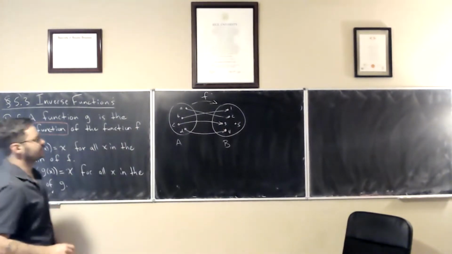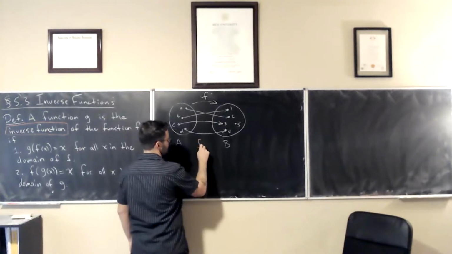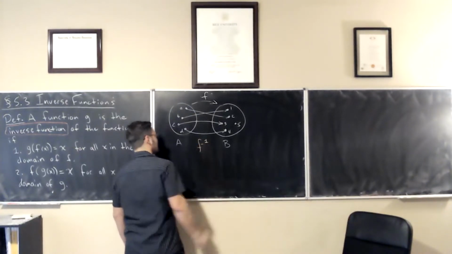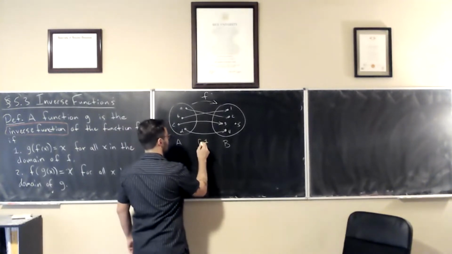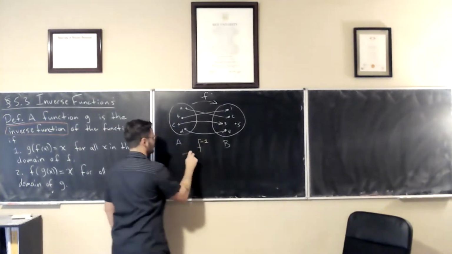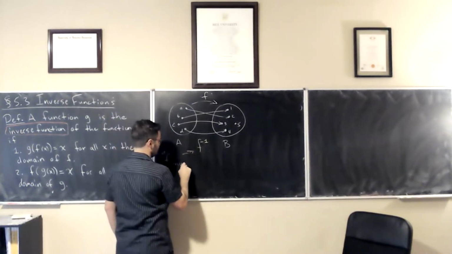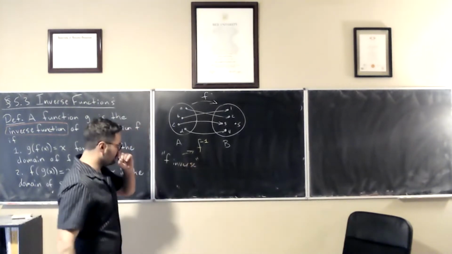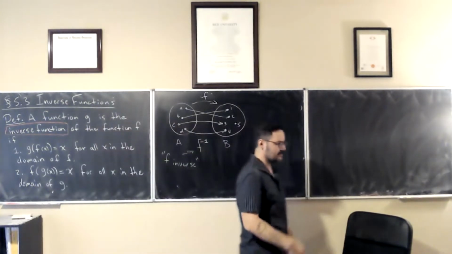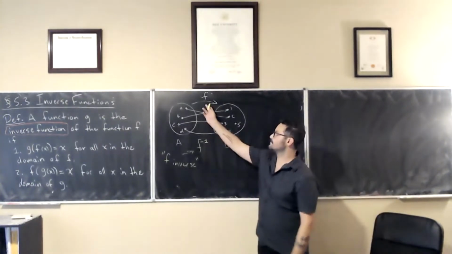Now the inverse function, which we will use the notation f superscript -1. So this is the notation for f inverse. F inverse is just going to undo or reverse the mapping that was given by f.